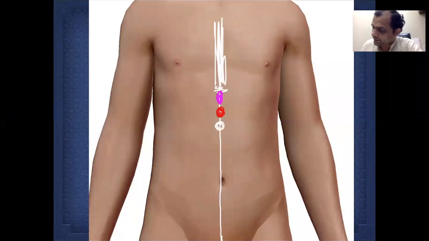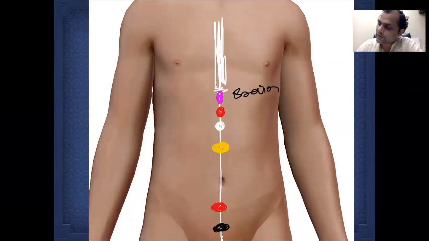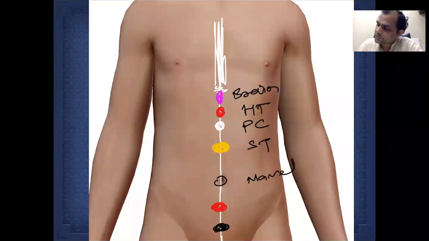And third is the location of pericardium. Now this is the stomach. Circulation. And this is the UB channel. So I'm writing down all the organs: brain, heart, pericardium, stomach with duodenum. This is the navel region. This is the circulation. And this is the urinary bladder.